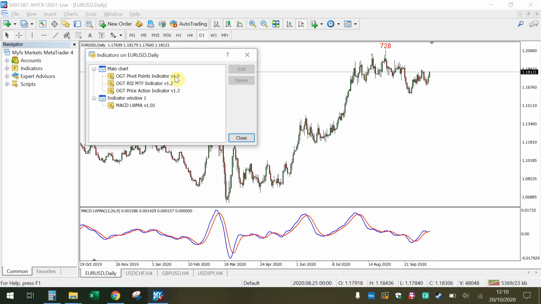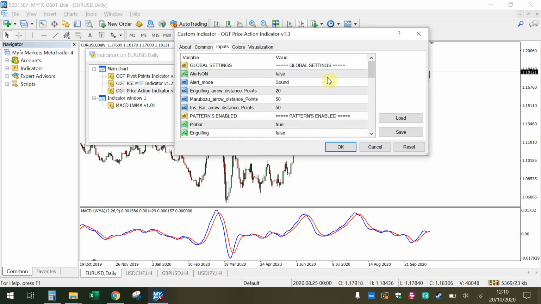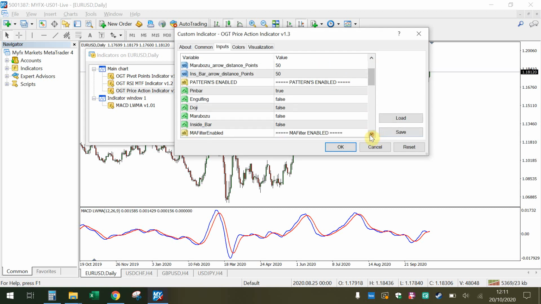So if I go into the input settings of version 1.3, you can see that you have a number of price action candlestick patterns that you can choose from, but the original version only had the pin bar version 1, and it's exactly the same from version 1 to 1.3. So select that to true.